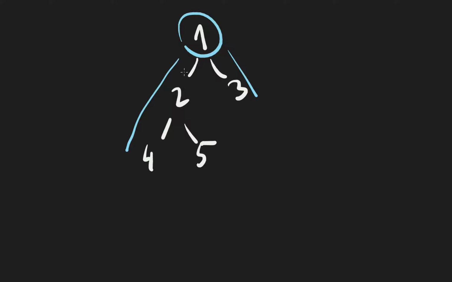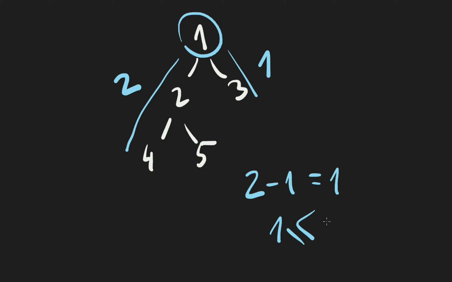On the left side, it's 1, 2, and the next branch is here, it's also 1, 2. So the max depth on the left side is 2, and on the right is 1. So 2 minus 1 is 1. Is 1 less than or equal to 1?